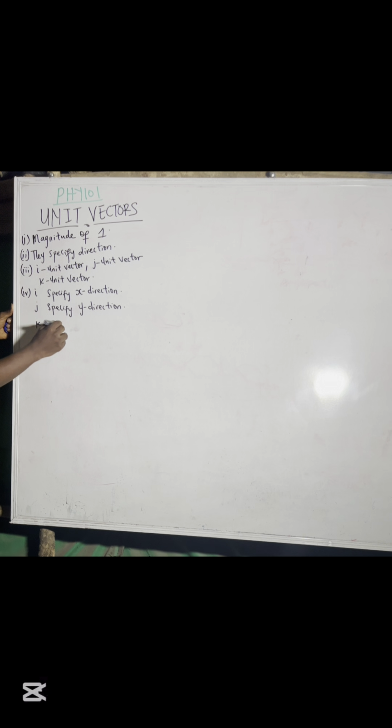Z direction. The next thing you have to note is that a given vector can be represented generally. Let's say vector A can be represented as AX i plus AY j plus AZ k.